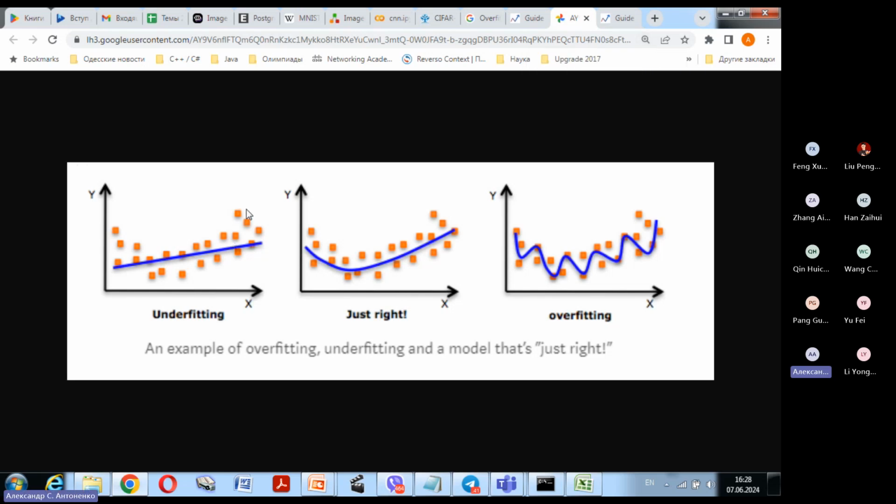These points, we need to approximate how they form.